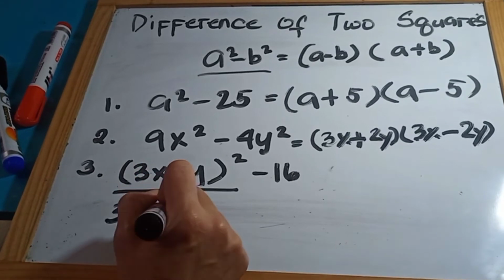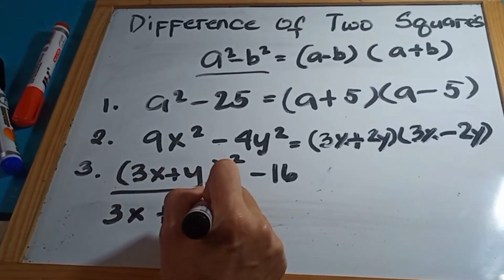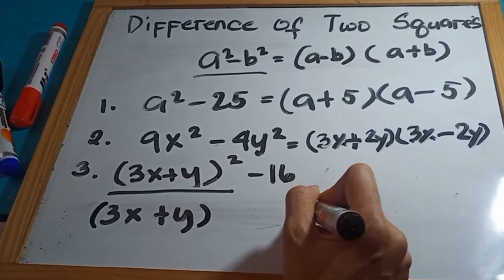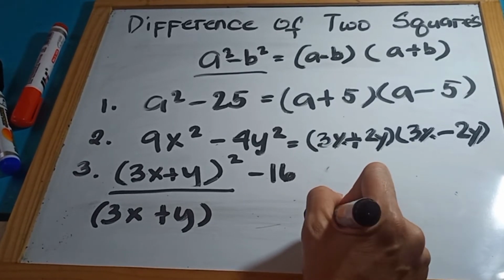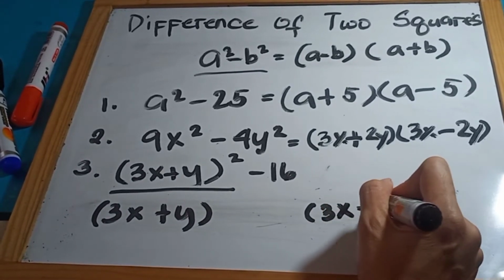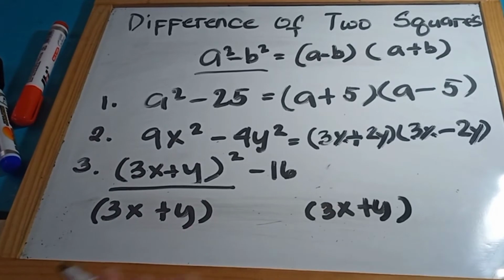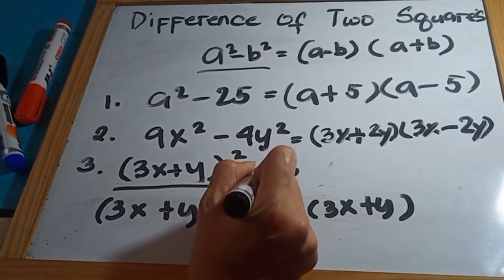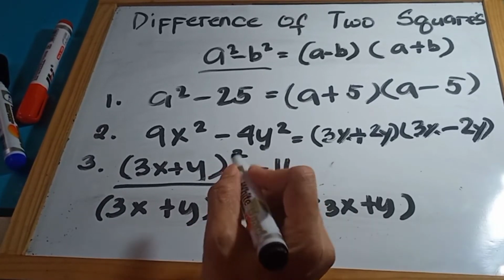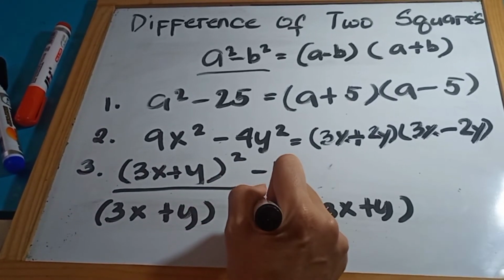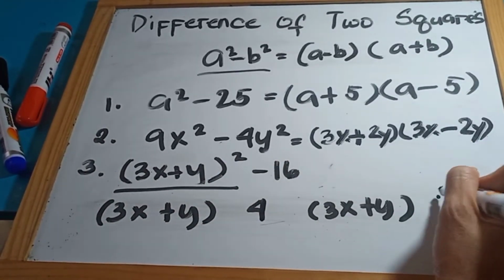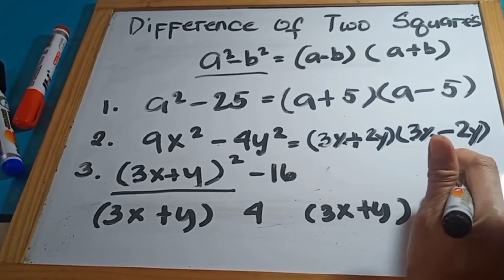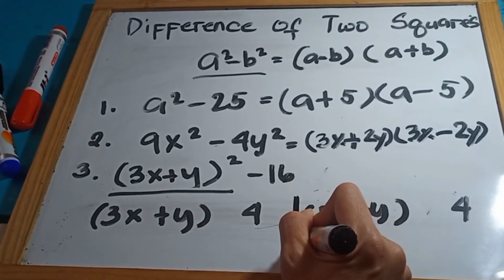So, we have here 3x plus y. And then, sa kabilang side, meron din tayong 3x plus y. Okay, so how about our second term? Our second term is 16. So we have 4, and sa other side we have also 4.